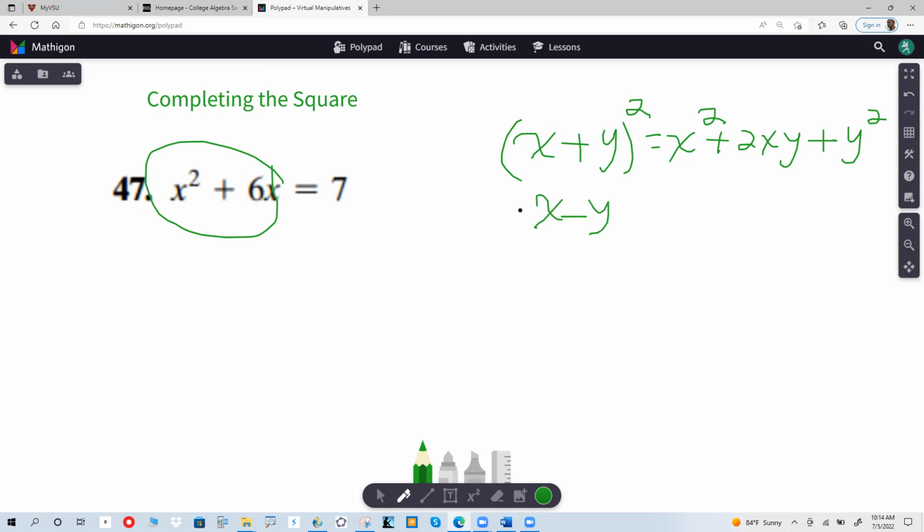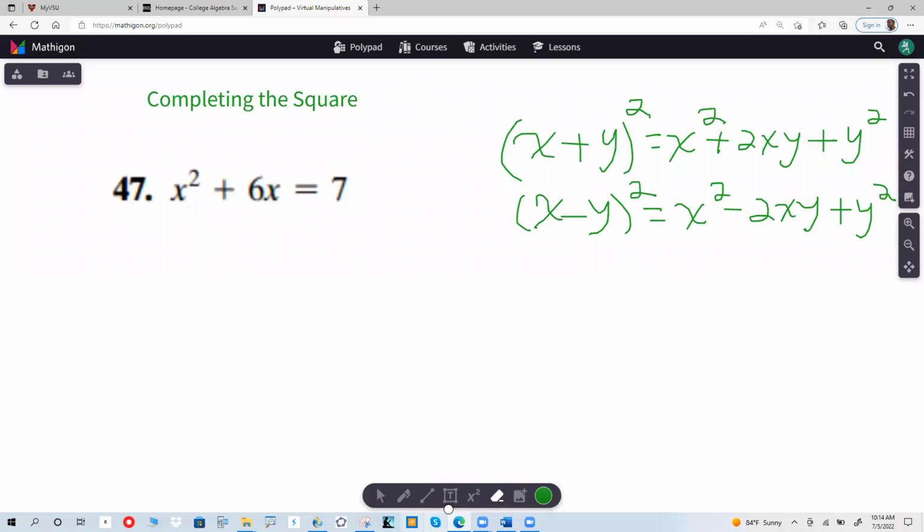(X minus Y) squared. All right, guys. Now, what does this have to do with anything? A lot. On the left-hand side, if there is a plus sign, you're going to go for this one.